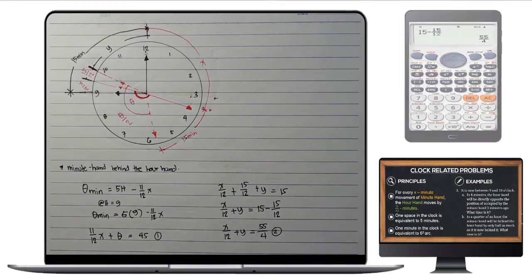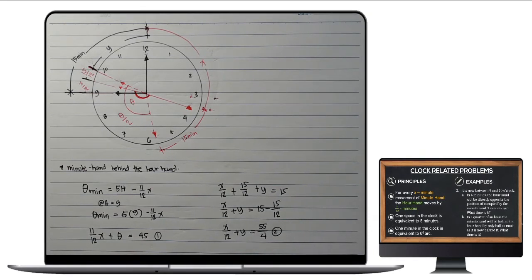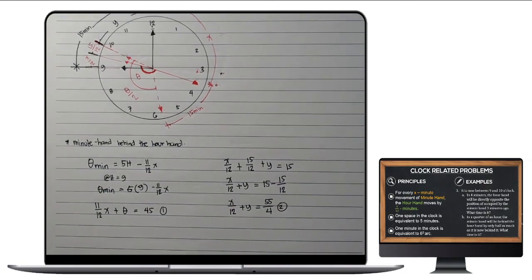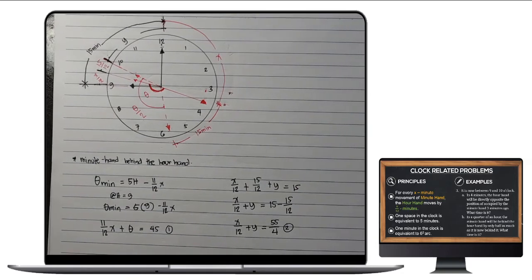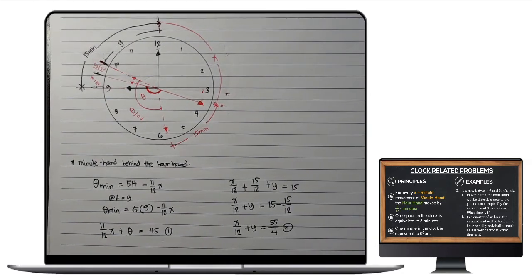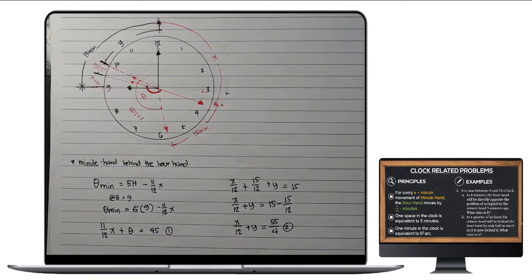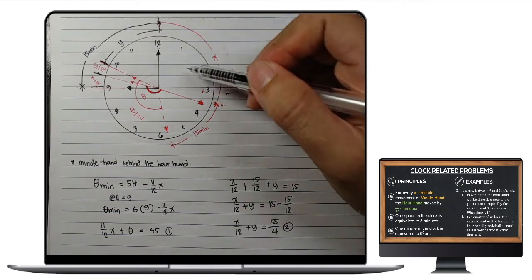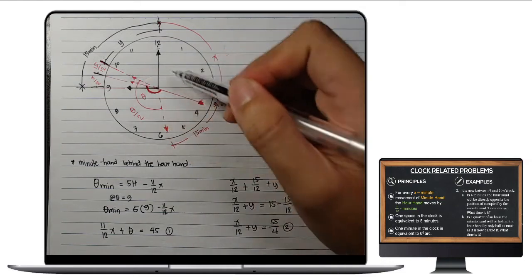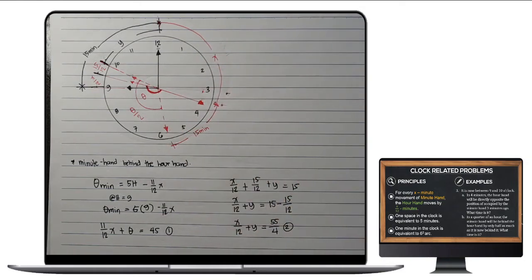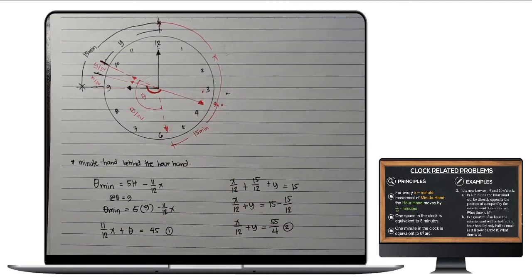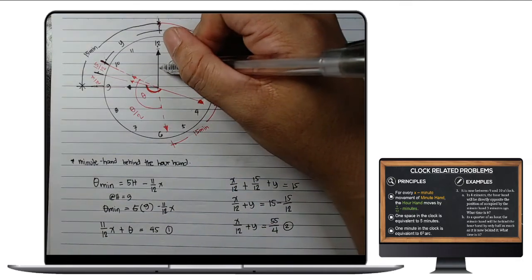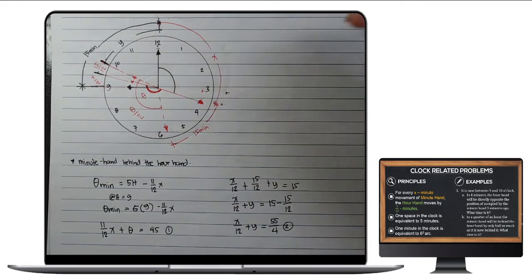Then, let's form another equation. So, from here, dito ko na lang lalagay sa taas. Okay, so equation 1, equation 2. We know that the complete revolution of this one, in terms of minutes, is 60 minutes. So, from this point going to this point, that is x.